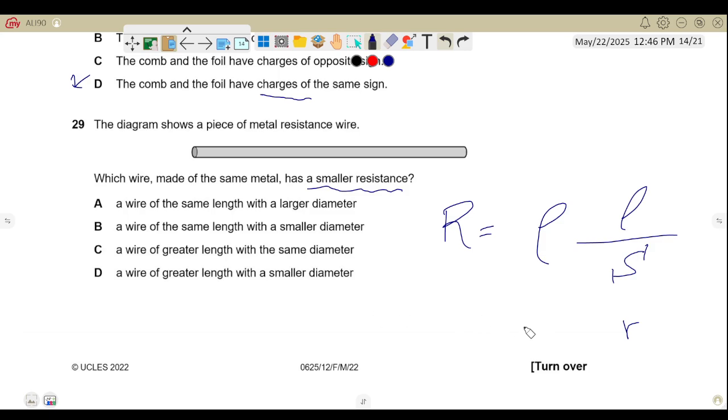As we said before, the resistance is directly proportional to the length, but inversely proportional to the cross-sectional area or the diameter.